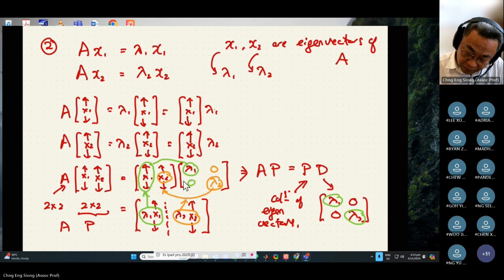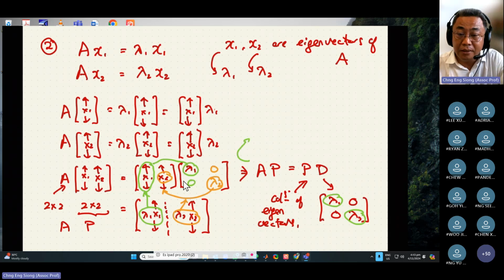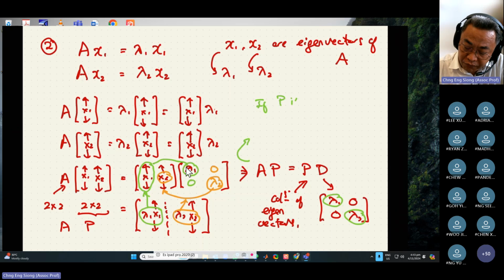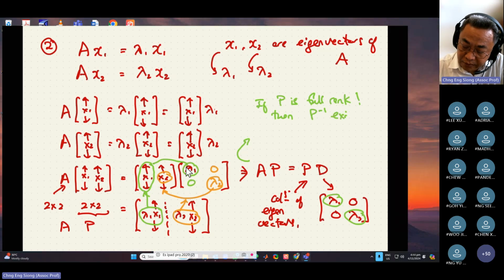Now, lastly, if P is full rank, then P minus 1 exists. First and foremost, A must be square. P will definitely be square. And if P is full rank, then P minus 1 exists.